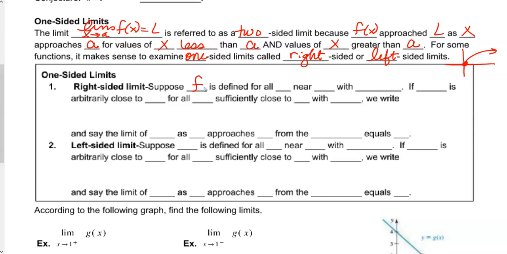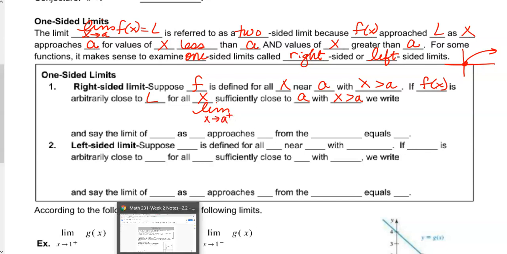Suppose that f is defined for all x near a, with x being greater than a. So we're to the right, we're bigger than a. Now, if f of x is arbitrarily close to our limit L, for all x sufficiently close to a, with x greater than a, again with values that are bigger than a, then we write the limit as x approaches a with a superscript of a plus there.